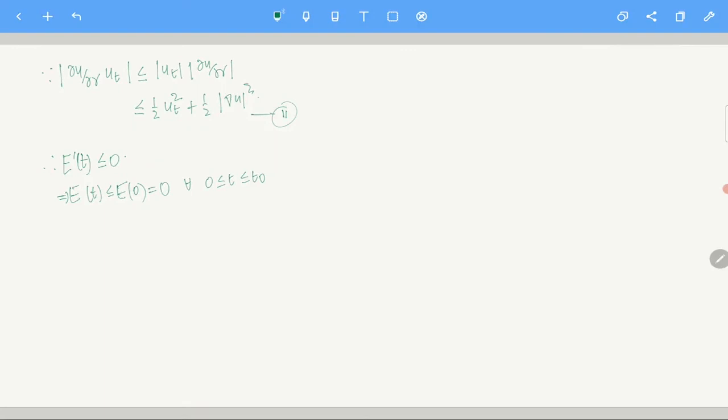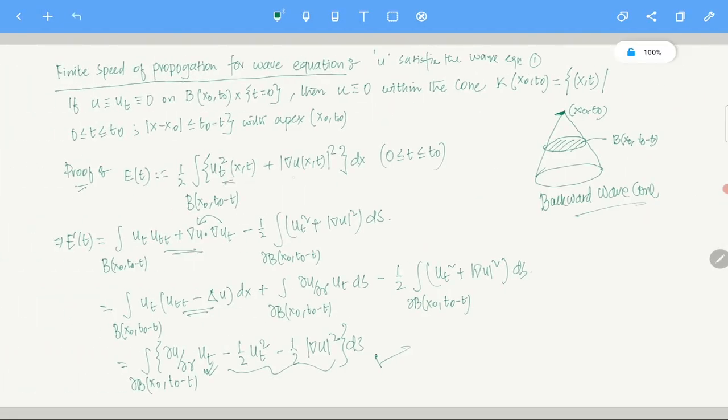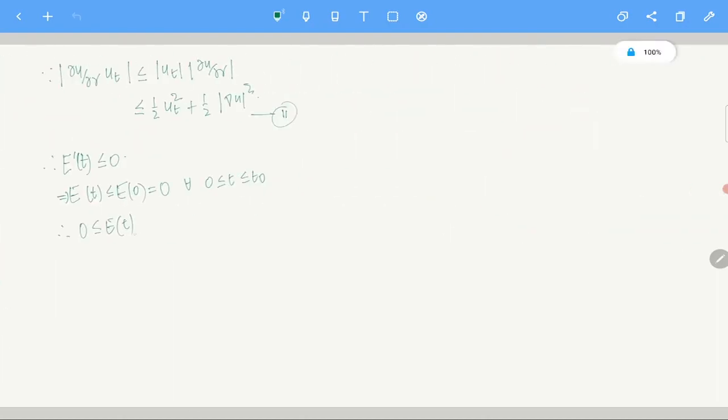Once that is there, what do you get? E of t is always positive, right? E of t is the integral of two positive things. So E of t is always greater than or equal to 0, and also less than or equal to 0. Therefore E of t has to be 0 for all t less than t0. Clear?